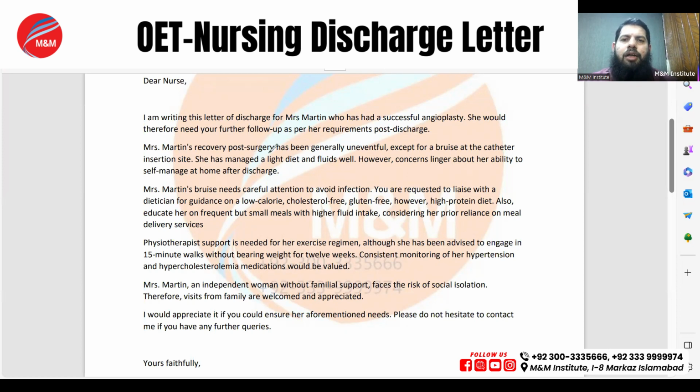Let's say, Mrs. Martin's post-op surgery has been generally uneventful except for a bruise at the catheter site of infection. Then it's in this format. It can be written either way around. We can start with the bruise history, and then ask the nurse to mention everything about the bruise, like, please make sure to see the bruise point, right? So here you can see Mr. Martin's recovery was uneventful except for a bruise.